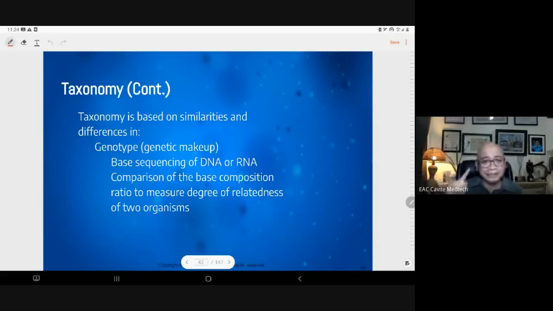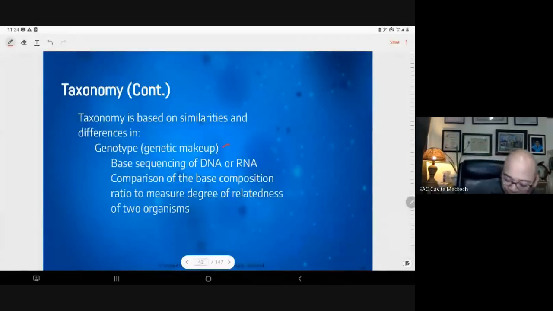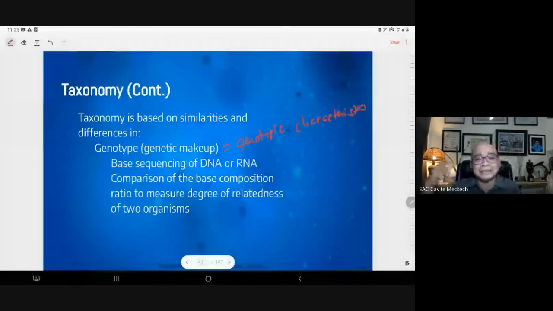But because of the modern time, we now have the genotype or the genetic makeup. So this will now be known as the genotypic characteristics. Because of the genotypic characteristics, we can now properly classify and categorize living organisms. And this particular genotypic characteristic would be based on the DNA or RNA sequences, the comparison of the base composition ratio to measure the degree of relatedness of two organisms.